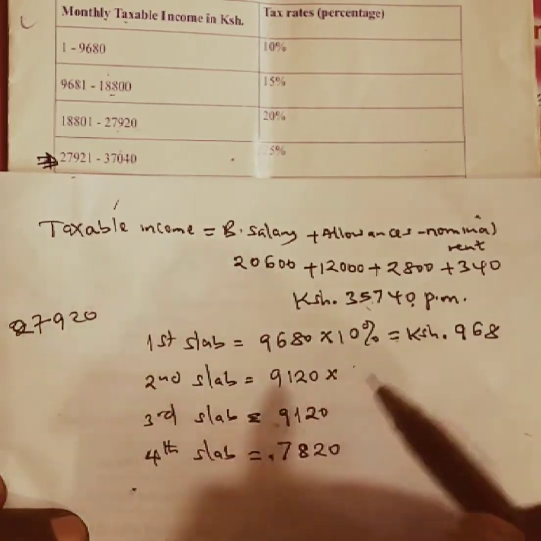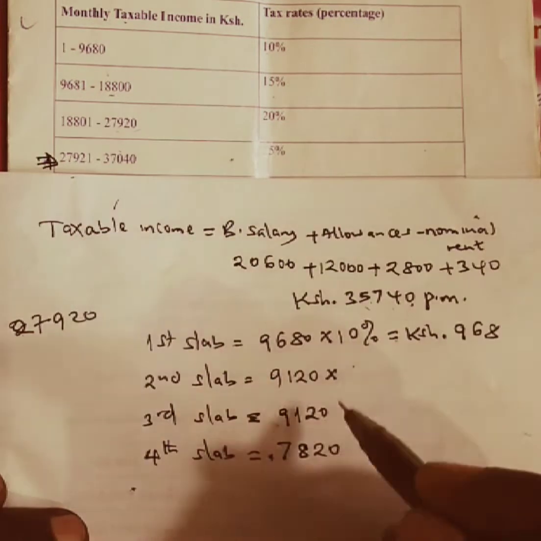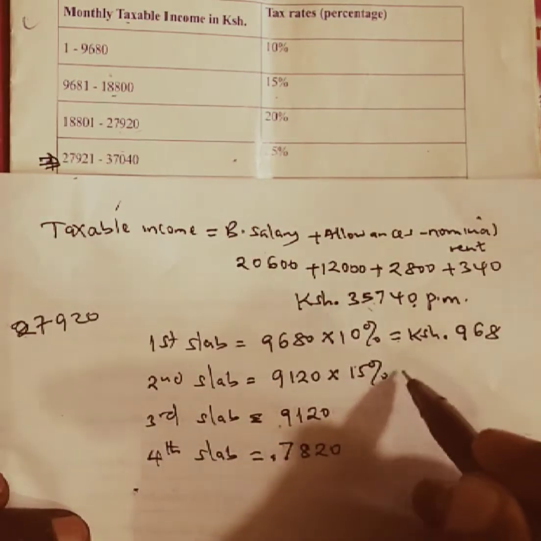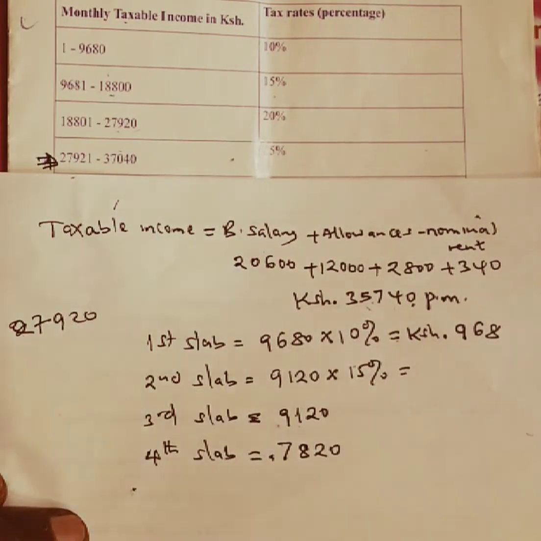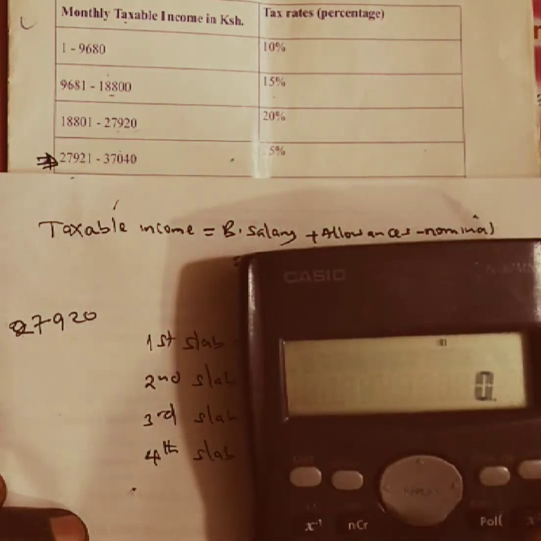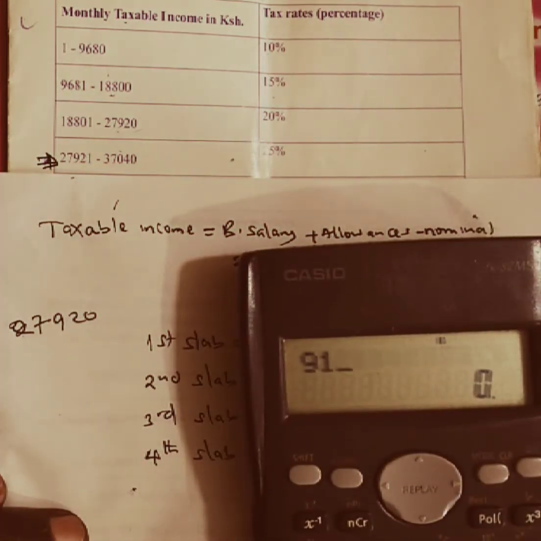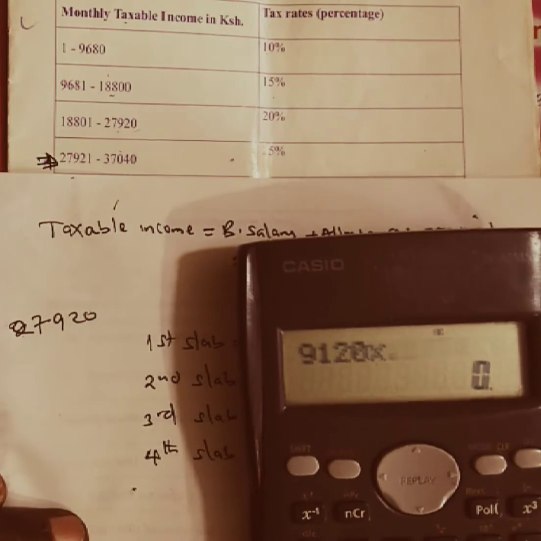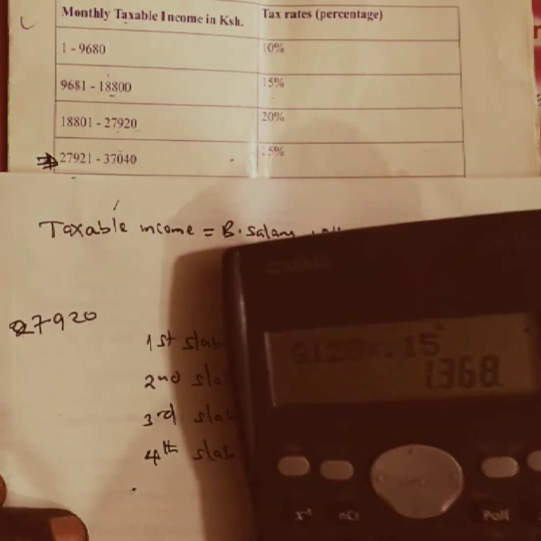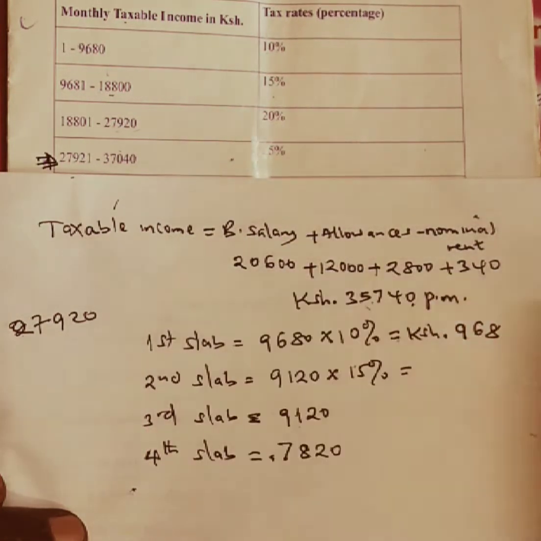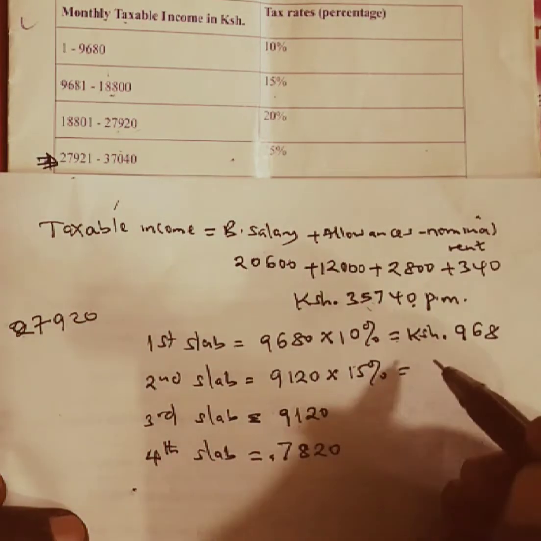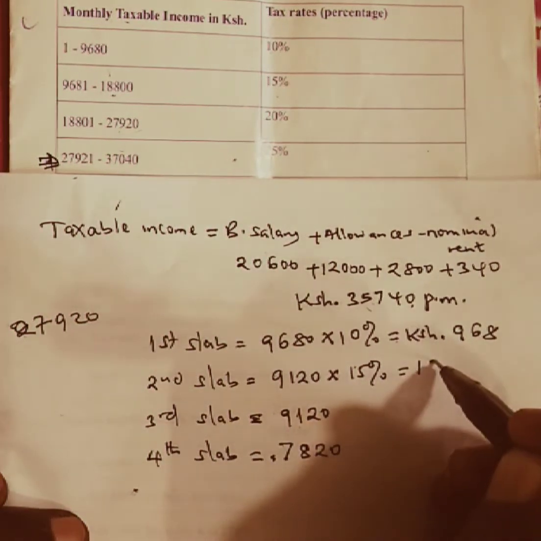Then the second bracket is going to be taxed at 15%. And if you take 9120 times 15%, this one is going to give us 1,368. That is Kenya shillings 1368.